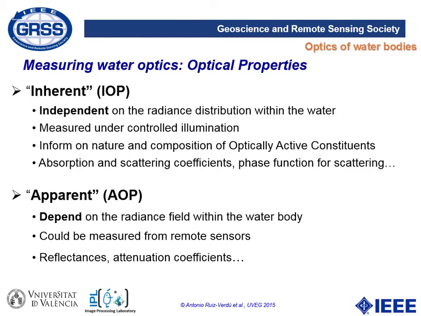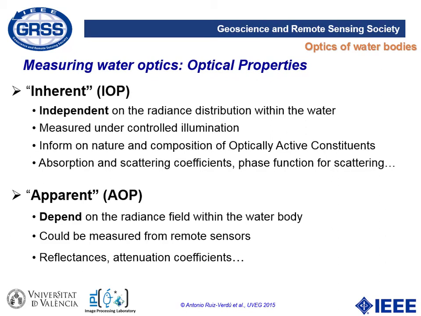The other group of properties are called the apparent optical properties. The reason for this name is that they depend on the radiance field within the water body.